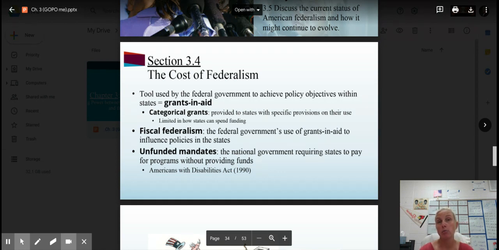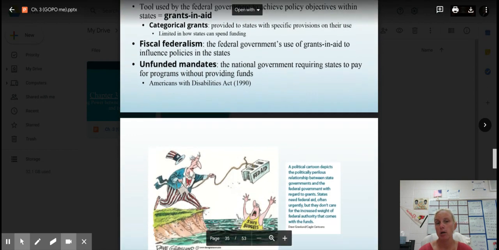The states didn't get any money for it. They have to do it or they get in trouble. They get fined. An example would be, think about this: every public building has to have wheelchair ramps if they didn't have them before, and they have stairs, or parking spots, or bathroom accommodations like bathroom stalls. It gets really expensive, and the government said you have to do it or else.